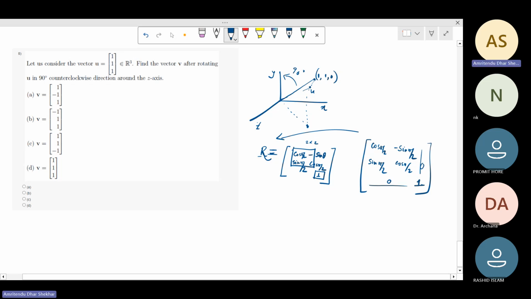I think this is the matrix that is getting applied on u.